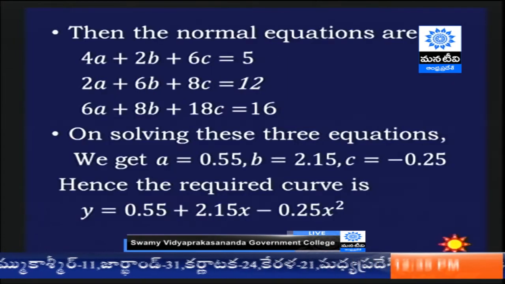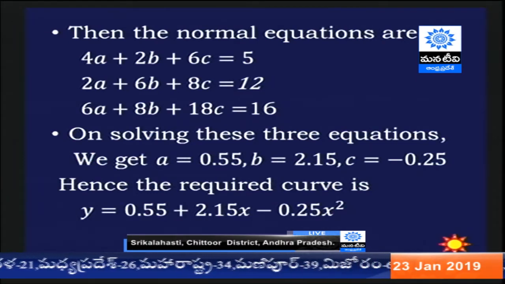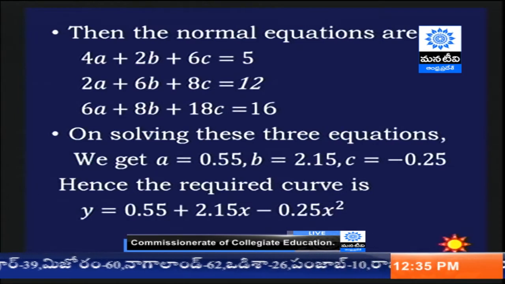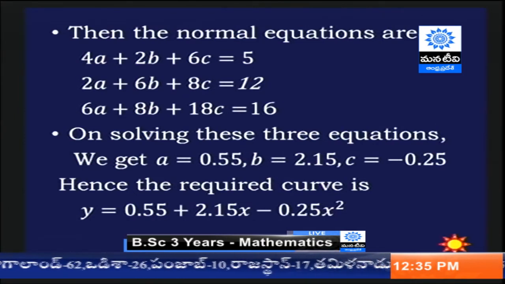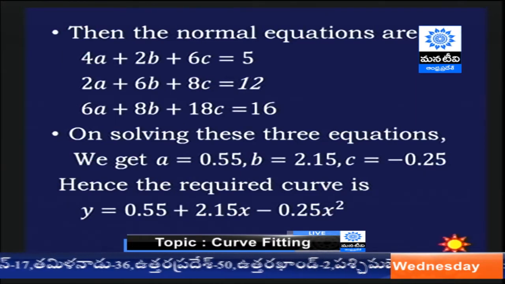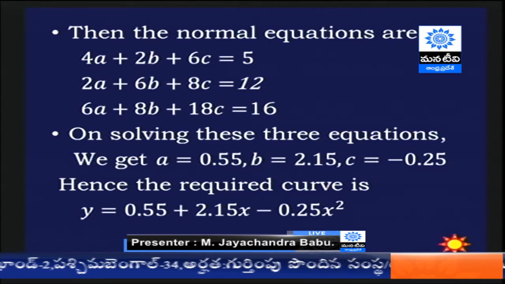Substitute all these values in these normal equations, we will get: 4a plus 2b plus 6c equal to 5, 2a plus 6b plus 8c equal to 12, 6a plus 8b plus 18c equal to 16. On solving these three equations, we will get a as 0.55, b as 2.15, c as minus 0.25.